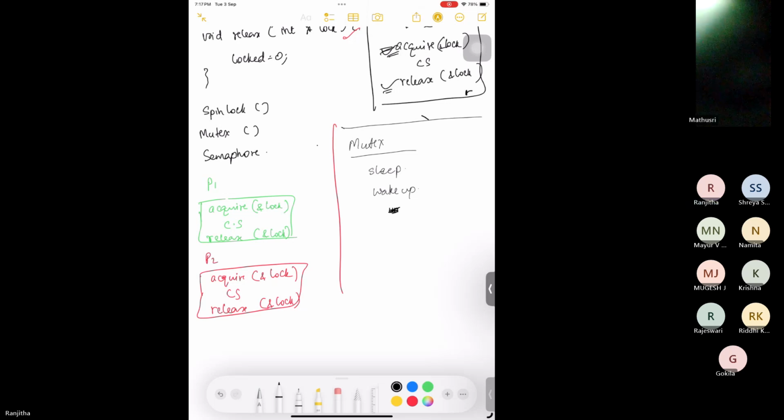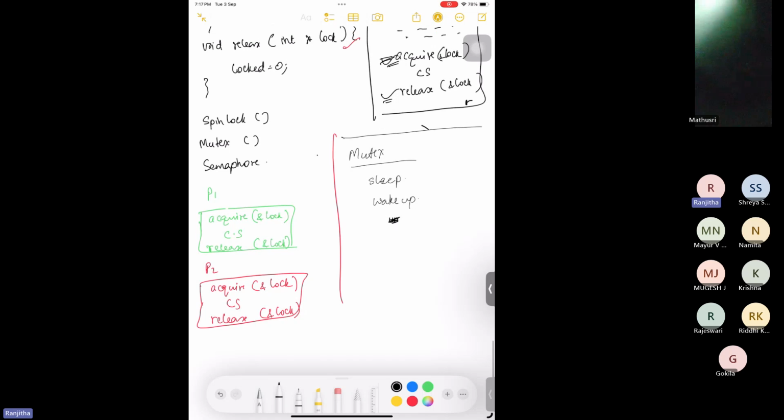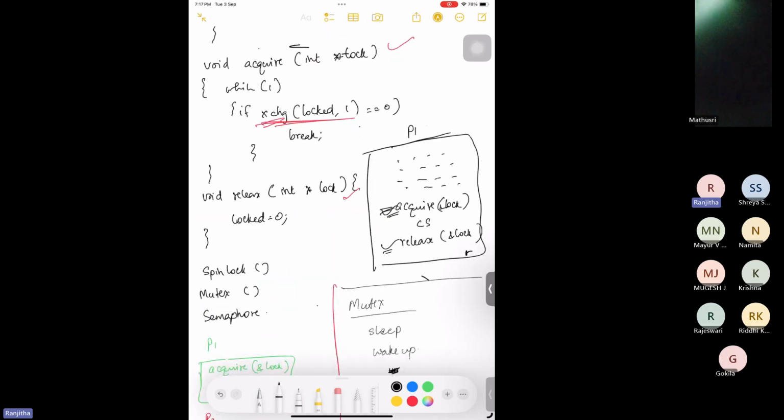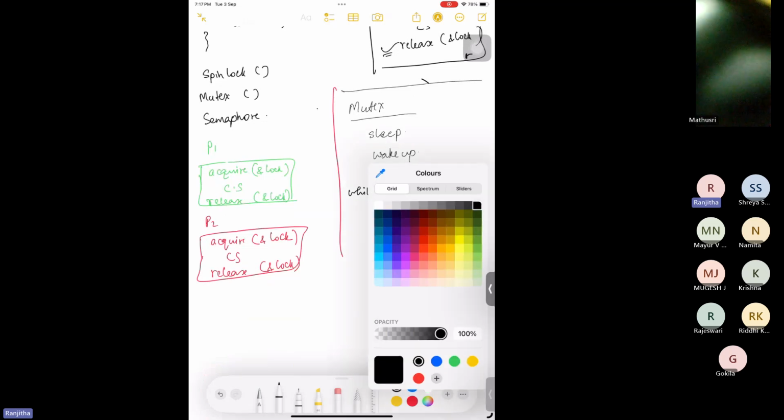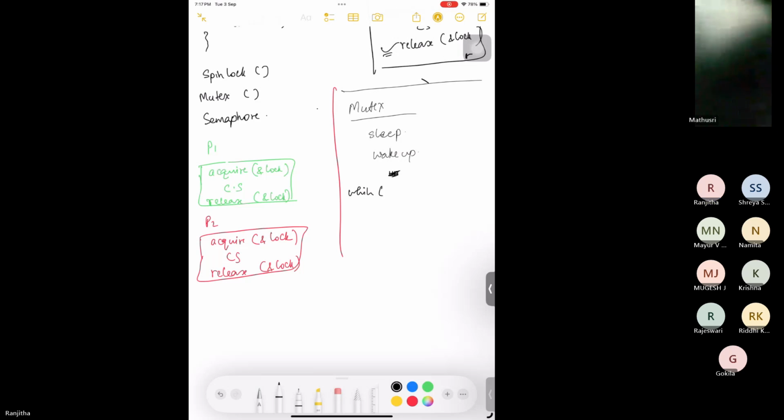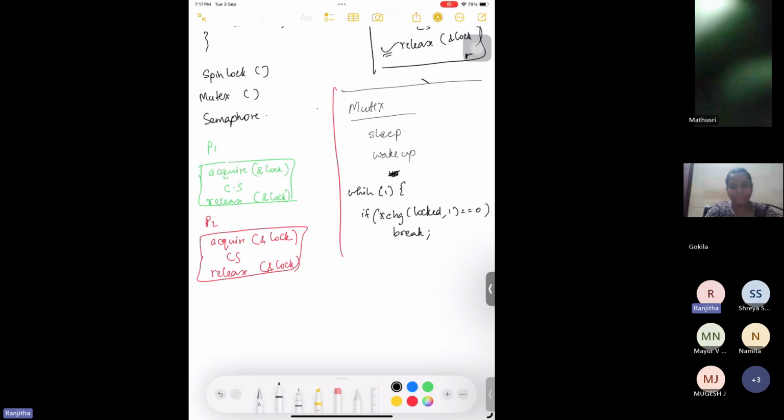There is a small modification made to this program. Earlier in the acquire part we had while one, if xchg of locked comma 1 equal to 0, we break, and that is when we acquire the lock.